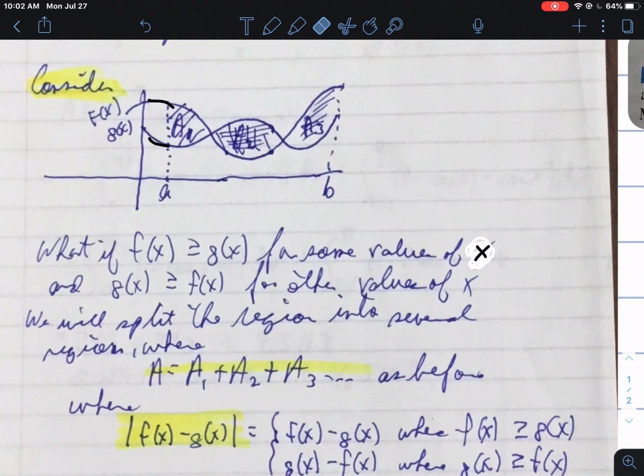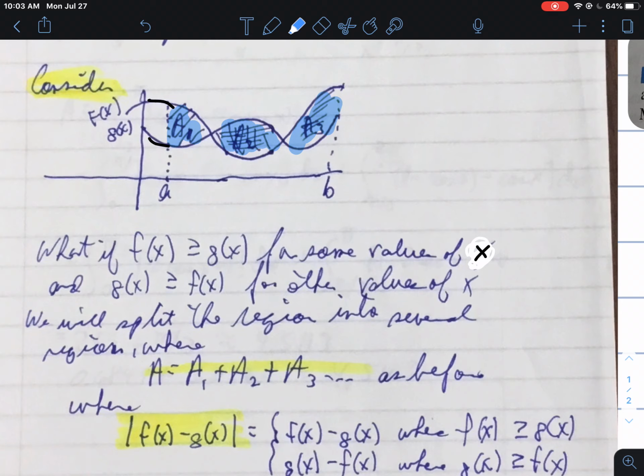All right, so over this first piece, I would have f of x minus g of x. Over this second piece, I would use g of x minus f of x, because g is the upper function and f is the lower function. And that way I get a positive value out of that. And then again, over this last piece, I would go back to f of x minus g of x to calculate that area. Okay?